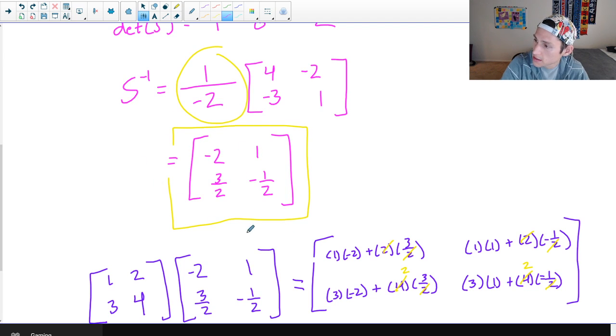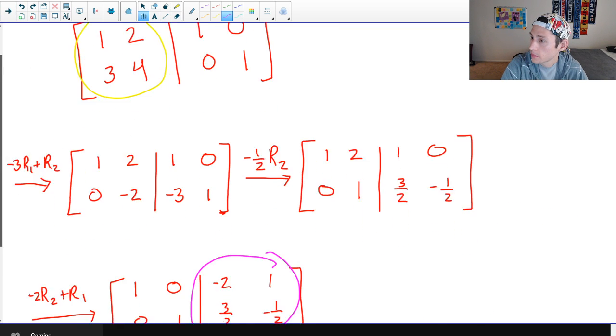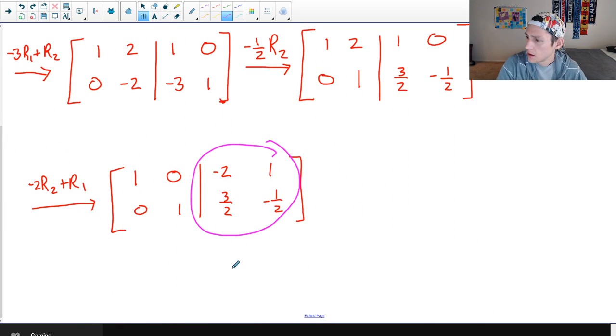Yeah, look, that's the same exact thing we got here. Negative 2, 1, 3/2, negative 1/2. Okay, that's the inverse. And so this process, Jacob, will work for any size matrix.